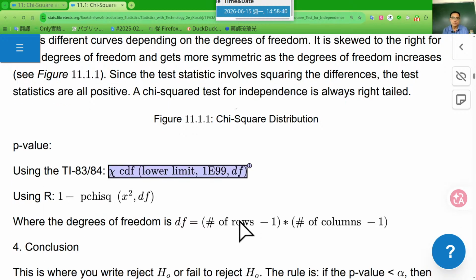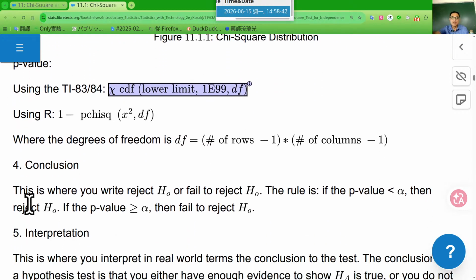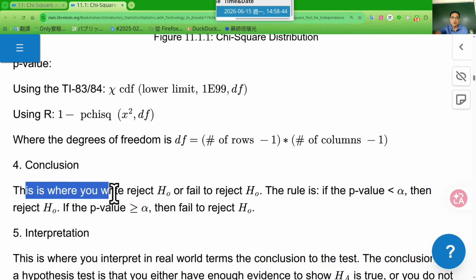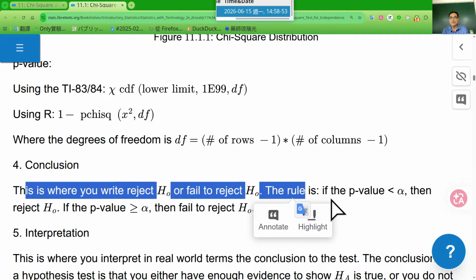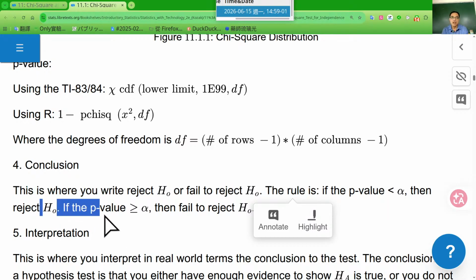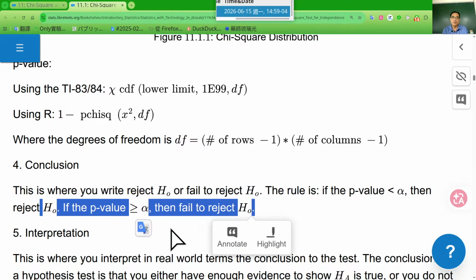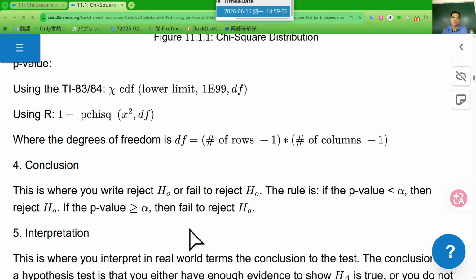Then the conclusion: this is where you either reject the null hypothesis or fail to reject the null hypothesis. The rule is, if the p-value is smaller than alpha, generally 0.05, then reject the null hypothesis. If the p-value is greater than or equal to alpha, then fail to reject.